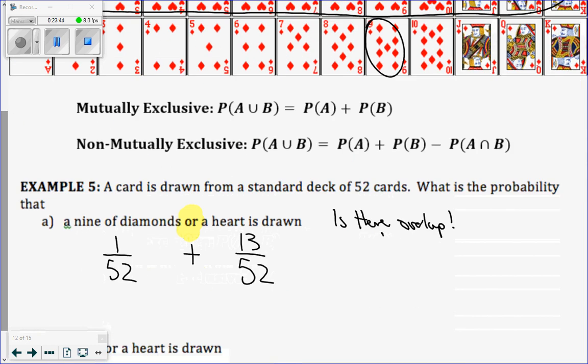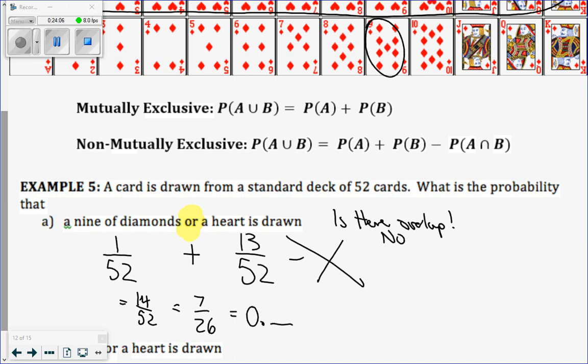So then you don't have to worry about subtracting anything off because there's no overlap. So 1 over 52 plus 13 over 52 is 14 over 52, and then you would just reduce that down. So 7 over 26. And again, you can leave the answer like that. You could write it as a decimal, or you could write it as a percent, right? All the answers are considered equal.